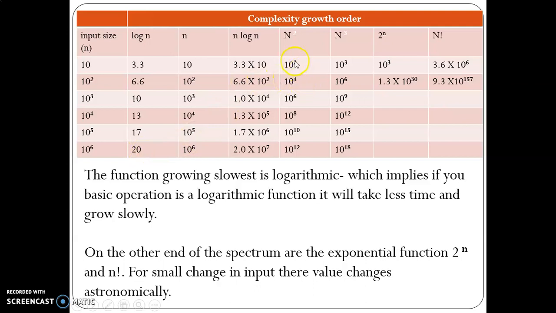And similarly here, for n square, for 10 inputs, it is taking 10 square time. And for 10 raised to power 6 inputs, it is taking 10 raised to power 12 time. So, as the size of the input is increasing, our different algorithms with different complexities, their time units are increasing in an exponential manner. They are increasing drastically.